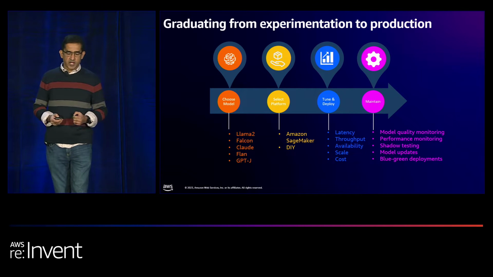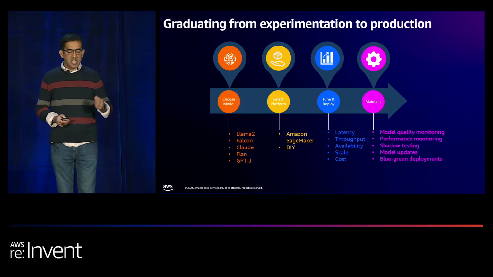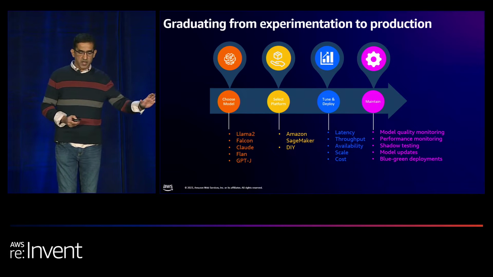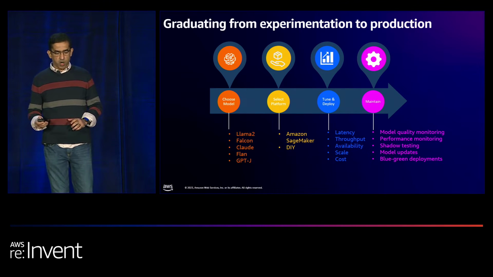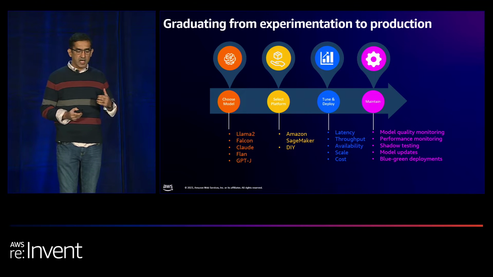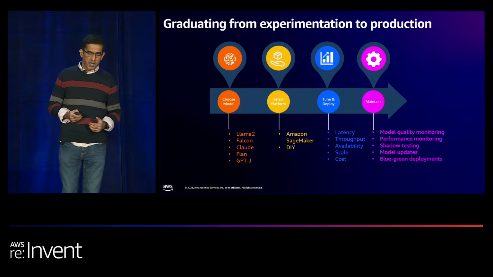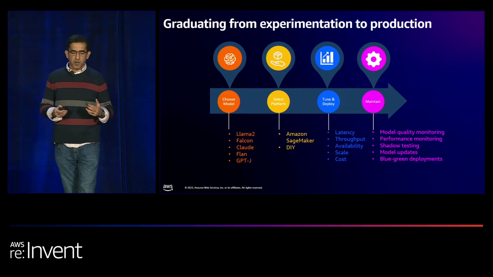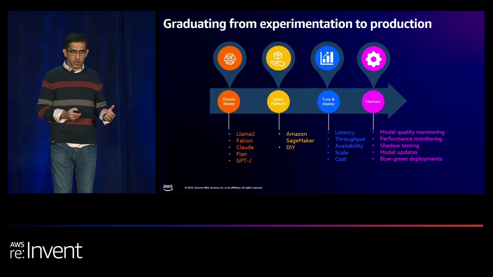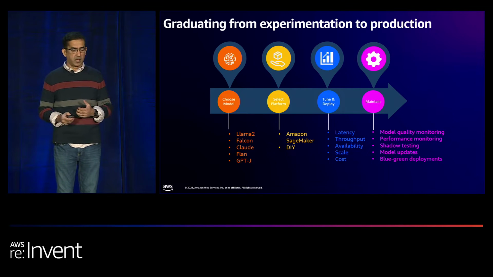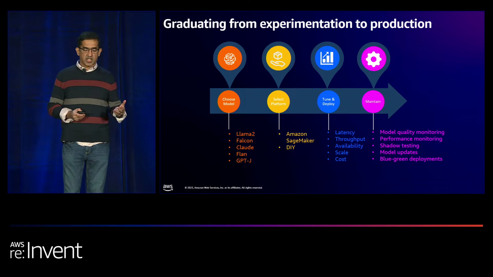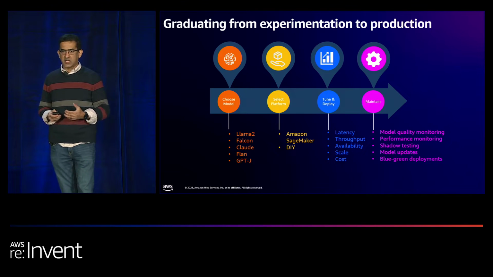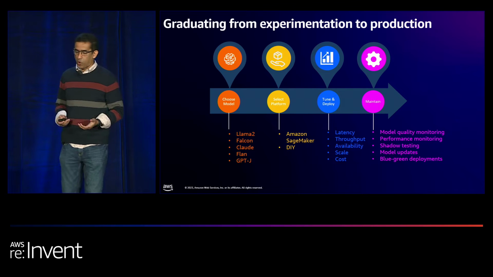To answer these questions, let's start by double-clicking on the journey from experimentation to production scale deployment and see how we can switch to the fast lane. To start with, you experiment with different foundational models to see which one fits your use case well. Now, there are language models that can help you respond to user queries, summarize text, or even write a poem.